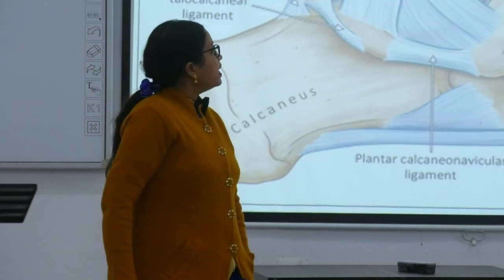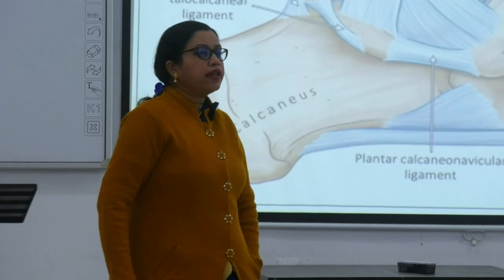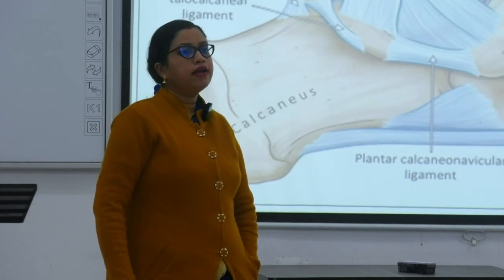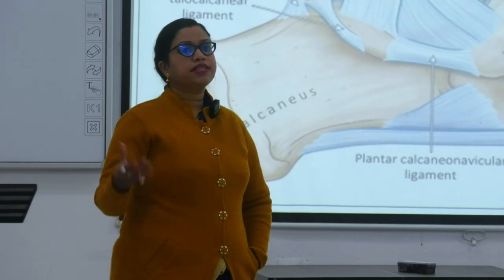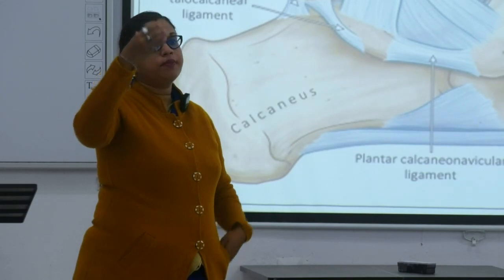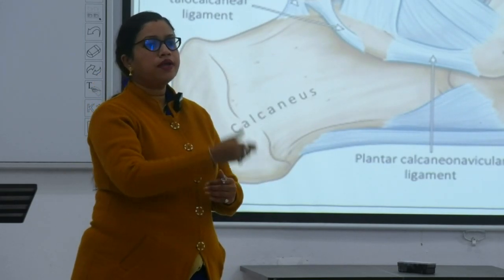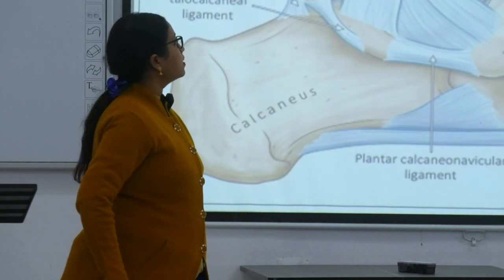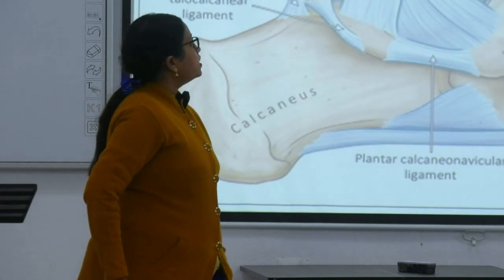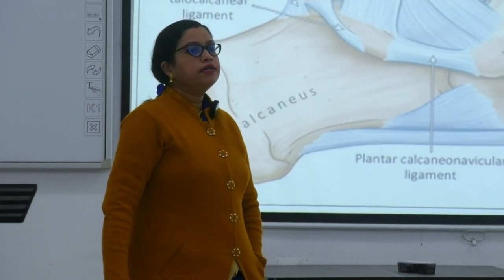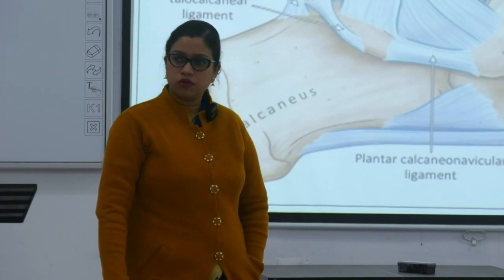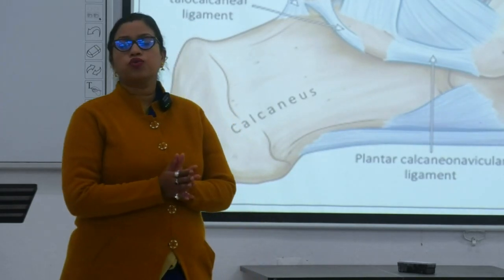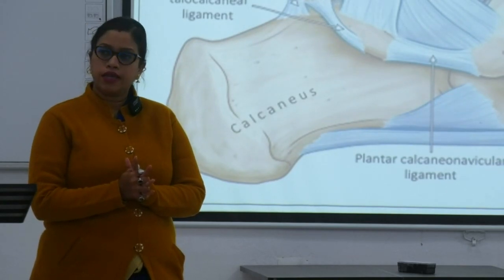Write it down, anterior and posterior tibiotalar part. So just think about, in between you have got tibia, anterior tibiotalar, posterior tibiotalar, and another two is, one is tibiocalcaneal part, another one is tibionavicular part. Okay, so it is also known as medial collateral ligament.